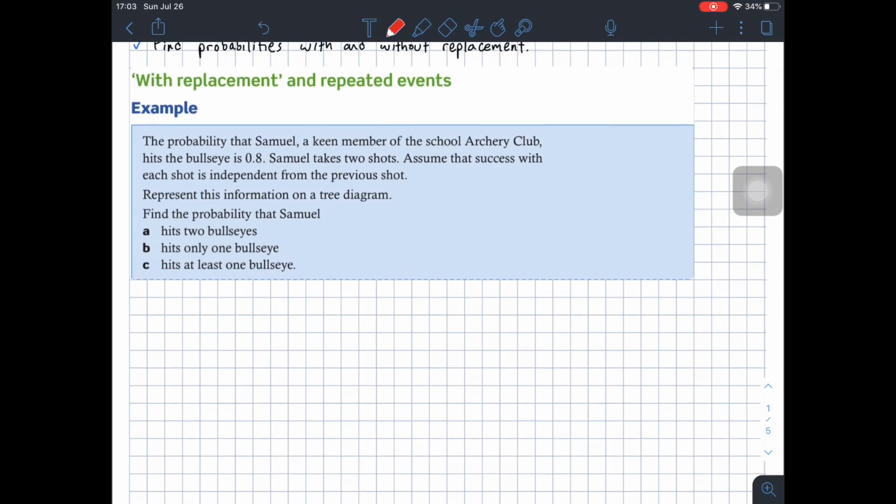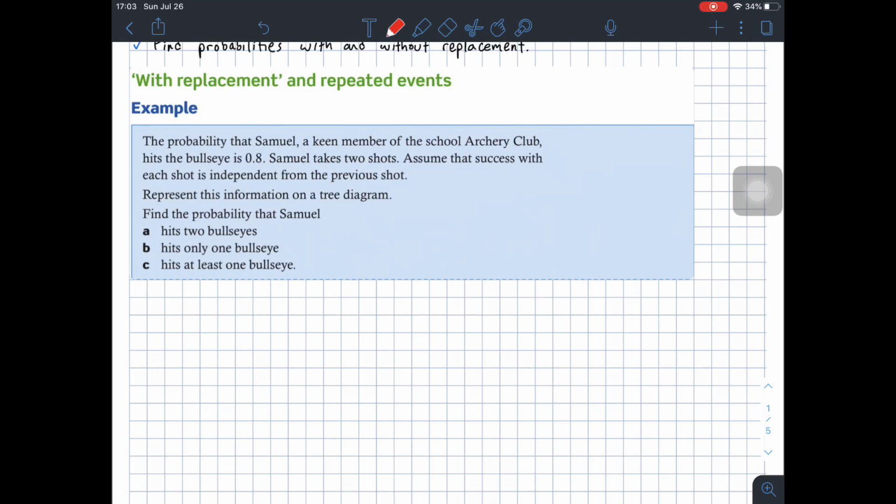It says, example, the probability that a keen member of the school archery club hits the bullseye is 0.8. Samuel takes 2 shots. Assume that success with each shot is independent from a previous shot. Independent means that the probability of the second shot does not vary depending on the result of the first shot, right?